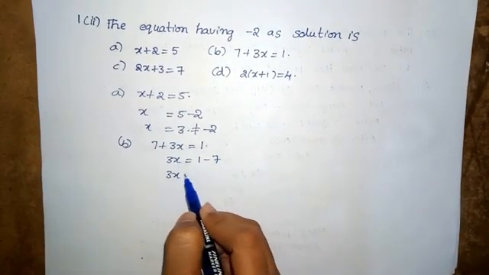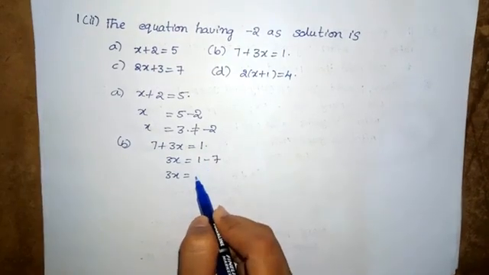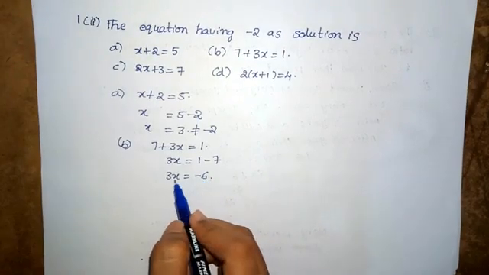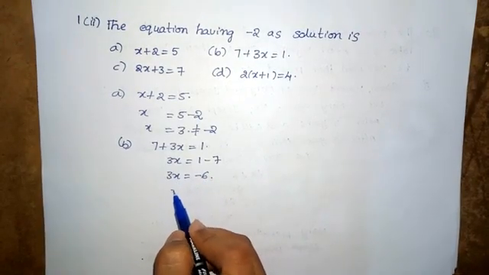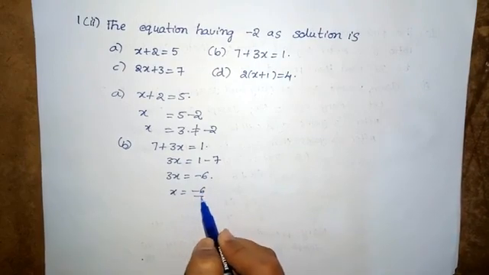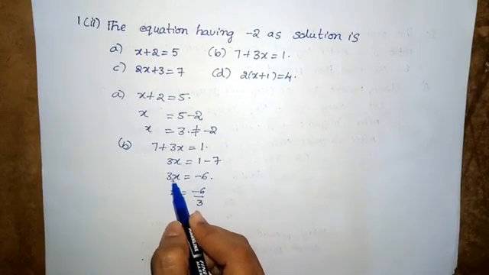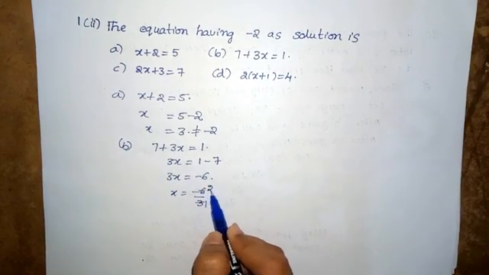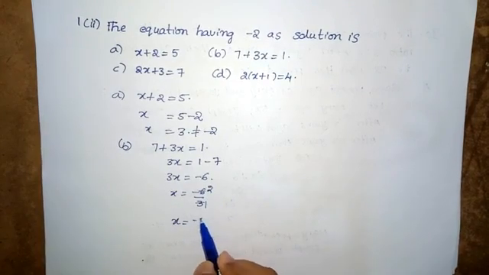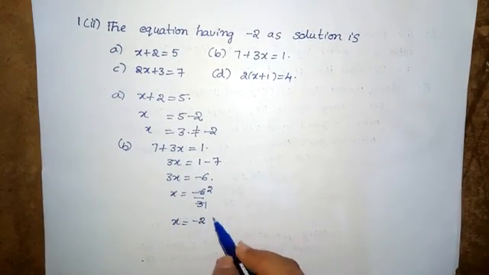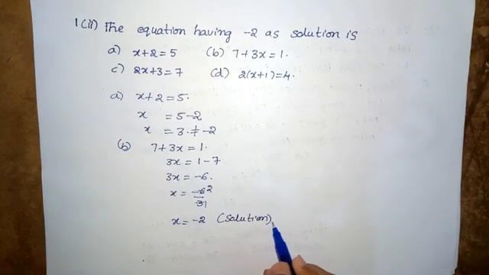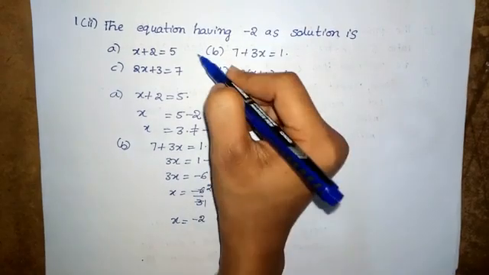Simplify this, 3x = 1 - 7 becomes -6. Now x = -6 divided by 3. 3 is a multiplication here, so it is moving to the right side as division by 3. 3 ones are 3, 3 twos are 6. So x = -2. So we got x = -2, this is a solution. So only option B is the right answer.